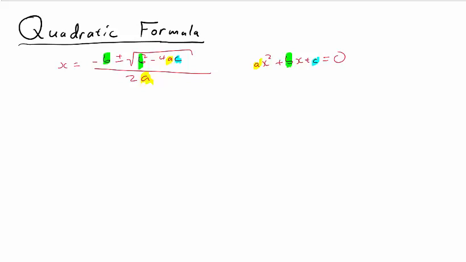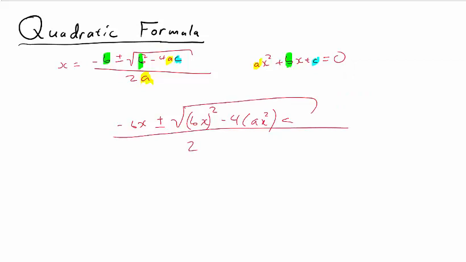I will see people put in negative b times x plus or minus the square root of bx, quantity squared, minus 4 times ax squared times the c, just the c, and divide it by 2 times ax squared. I'll see something like this. Of course, instead of the letters A, B, and C, I'll see numbers. And if this looks like garbage to you, it's because it is garbage.